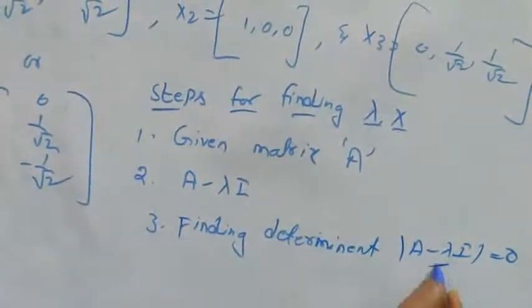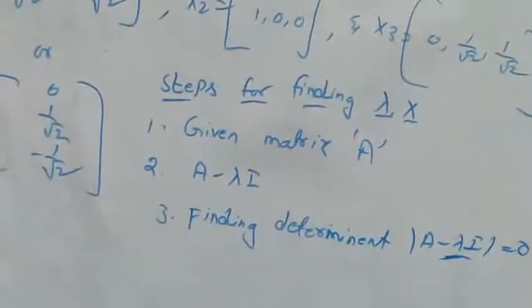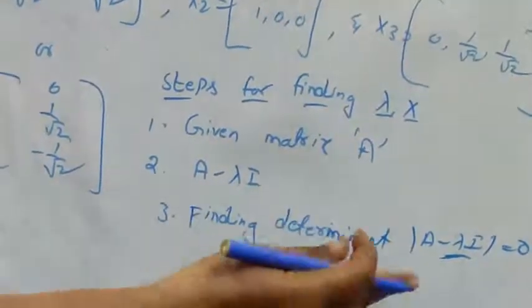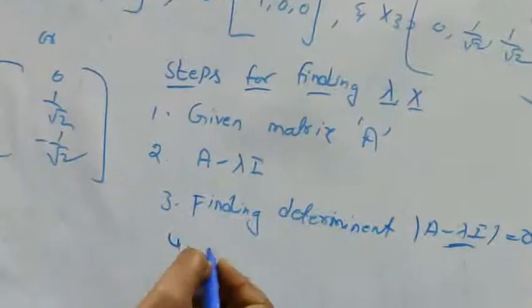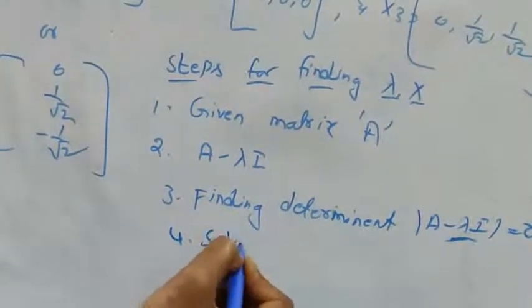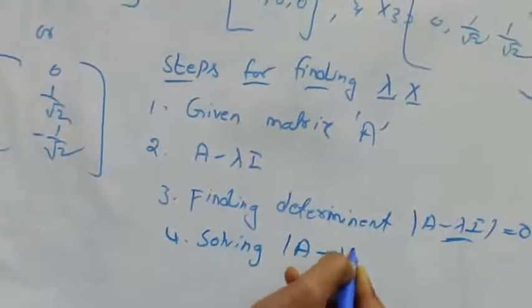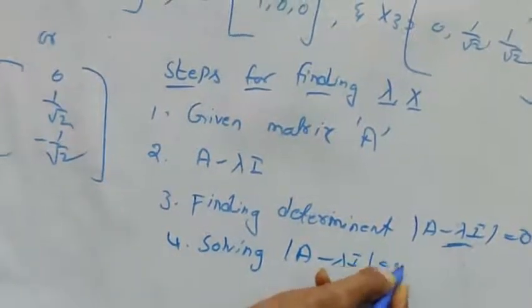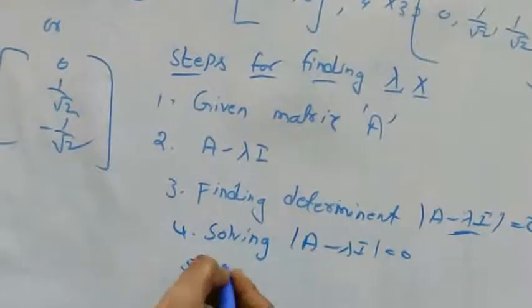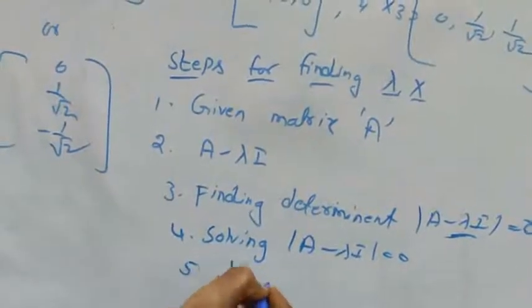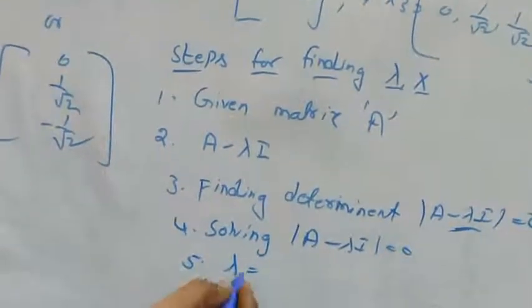This equation is nothing but the characteristic equation. Now by solving mod A minus lambda I, what will you get? You will get the lambda values.